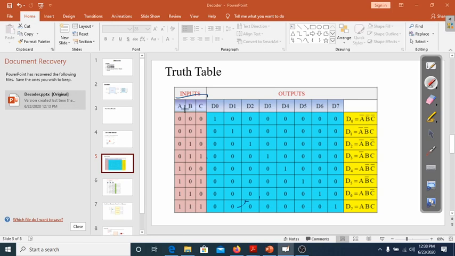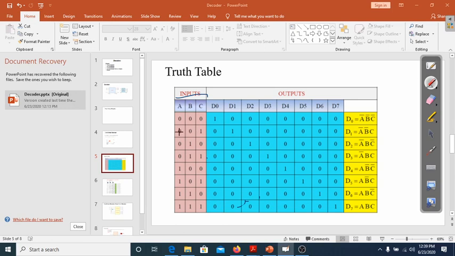Corresponding to 3 inputs there would be 8 outputs, D0, D1, D2, D3, and so on up to D7. When we have the combination 0, 0, 0, D0 would be active high; for the remaining 7 combinations D0 would be active low.